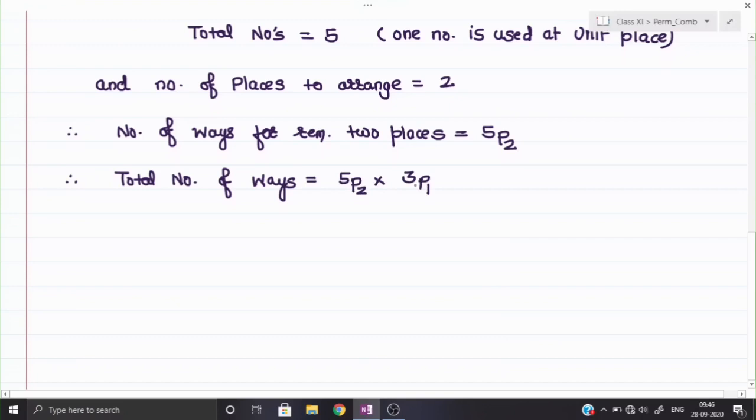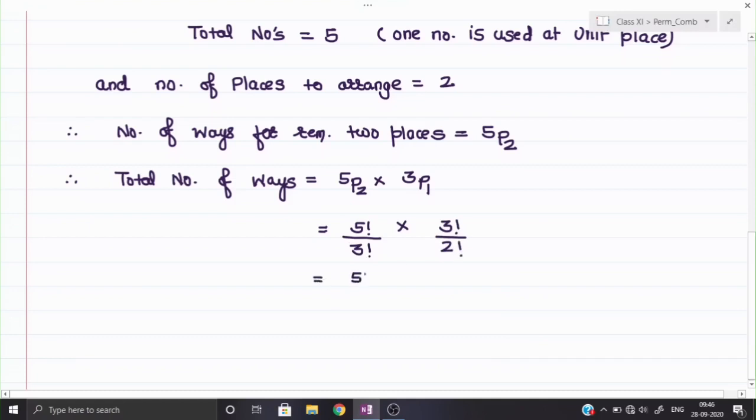Now see the formula, you know it, I am opening it directly: factorial 5 upon, you need to write down the difference between 5 and 2. Don't write down directly 5 minus 2, so we save some time while doing simplification. So it will be factorial 3 into factorial 3 upon 3 minus 1, that is factorial 2. Let us simplify further.